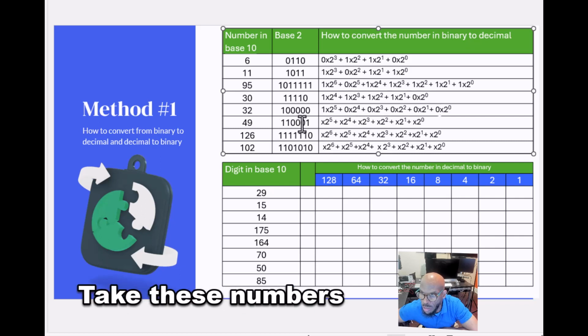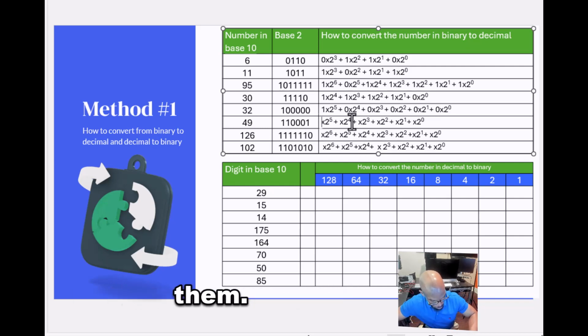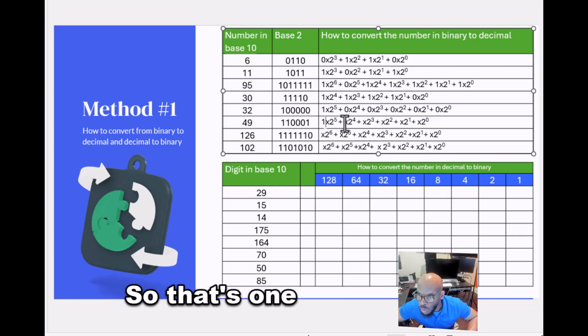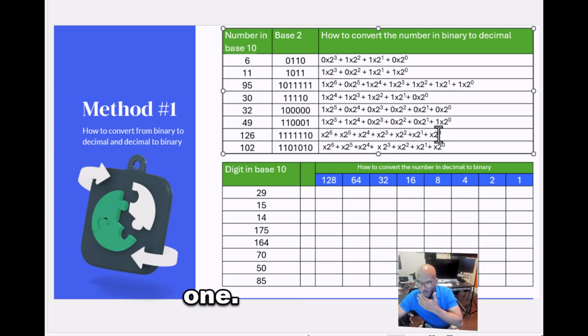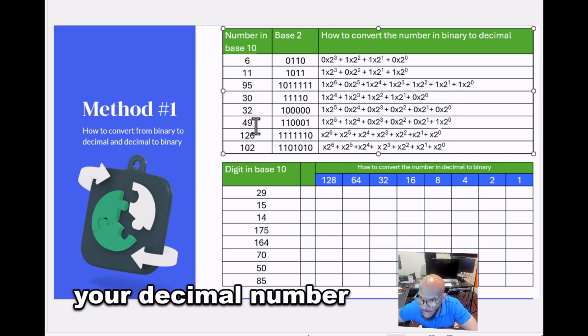Take the numbers that are in each position and multiply them, and then add them up. So that's 1, 1, 0, 0, 0, and 1. Once you multiply them and add them up, you should get 49 for your decimal number.